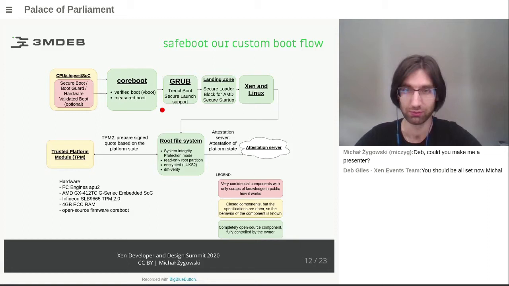And then, once we are booted into this final system, we of course also prepare a signed quote for the attestation. But also in this case, we are using the DRTM PCRs, not those from the BIOS. And then we send the quote to the attestation server, which then responds with an answer whether the platform is trusted or not.